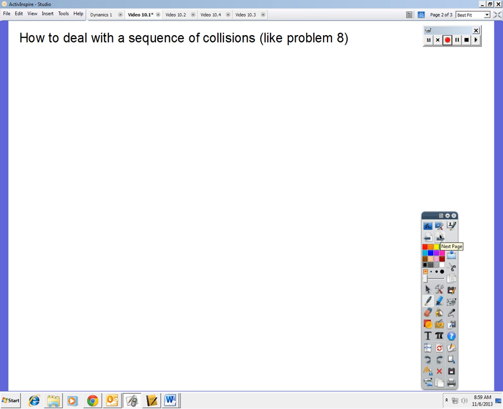There's a whole series of problems, like for instance problem 8 in your book, that deal with a series of collisions. I believe problem 8 involves Superman getting hit with machine gun bullets. I don't know the numbers from that problem, but there's Superman, and there's bullets coming in, and they bounce off of him.